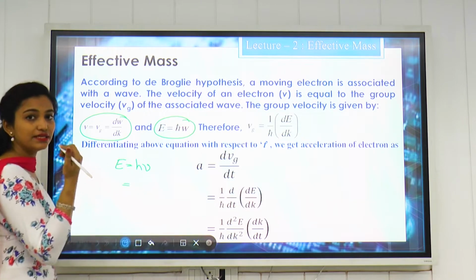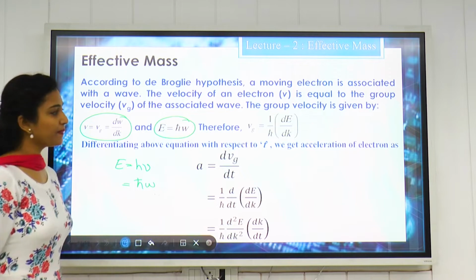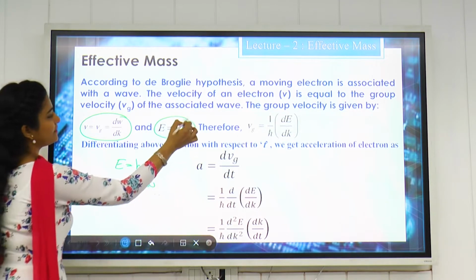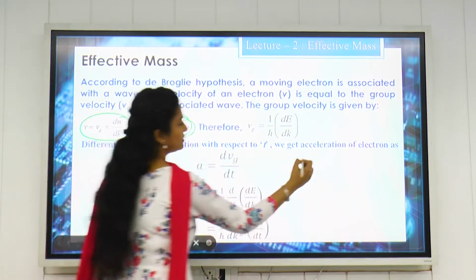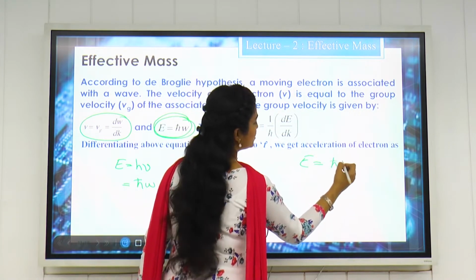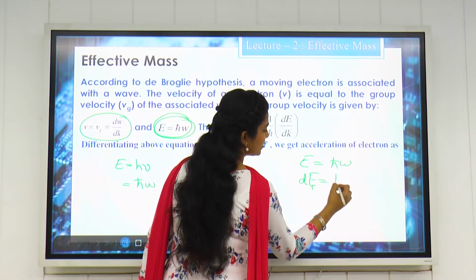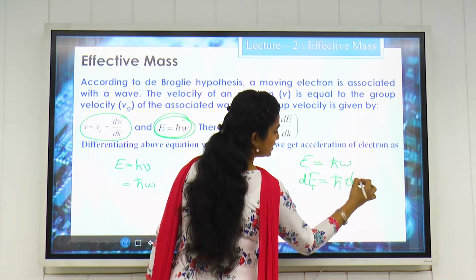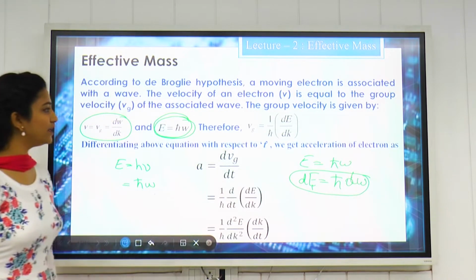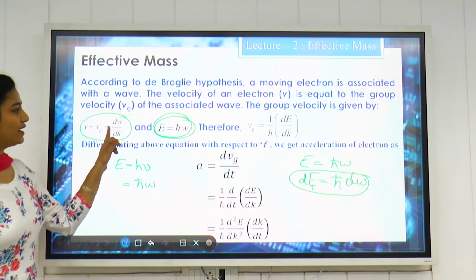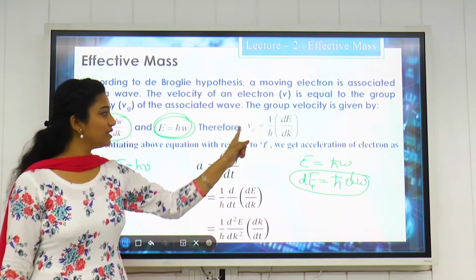Considering the 2 pi, we have h bar times omega, and if we differentiate this, dE is equal to h bar d omega. So we will just replace the values, and 1 by h bar times dE by dk is the value of the velocity.